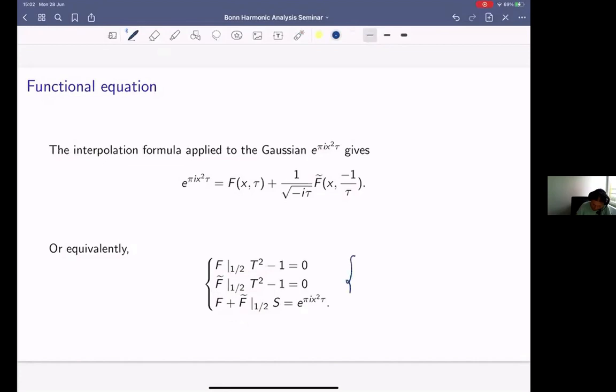Let me rewrite this in other words: f of tau plus 2 minus f of tau equals 0, which is equivalent to the following: f is periodic with period 2, and f tilde is also periodic with period 2.